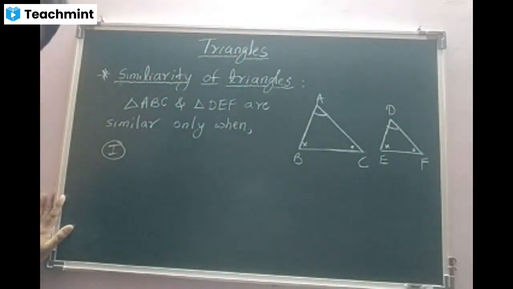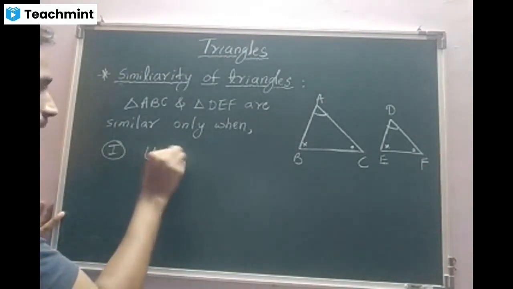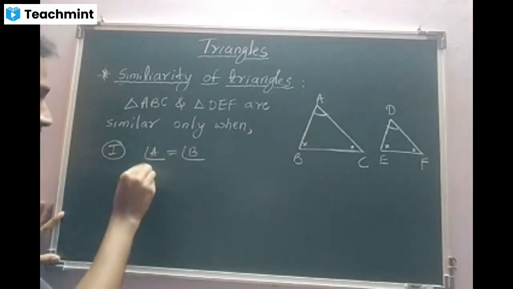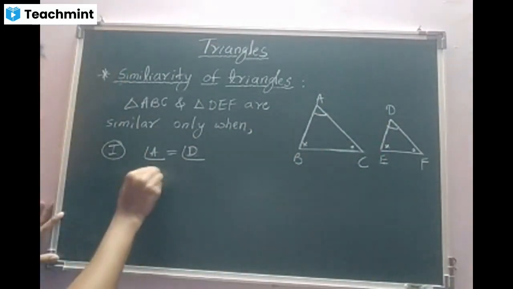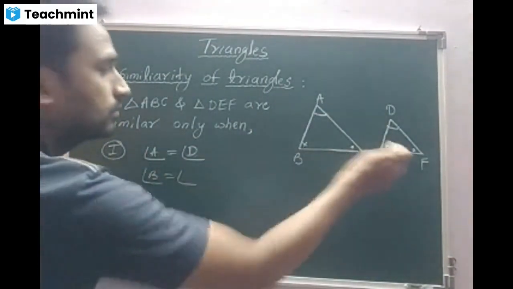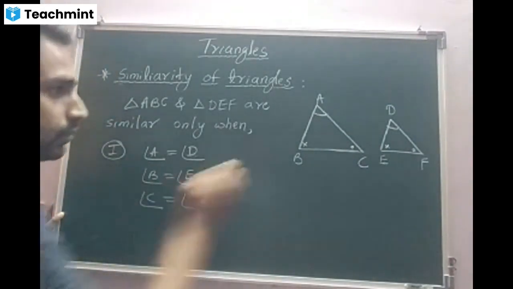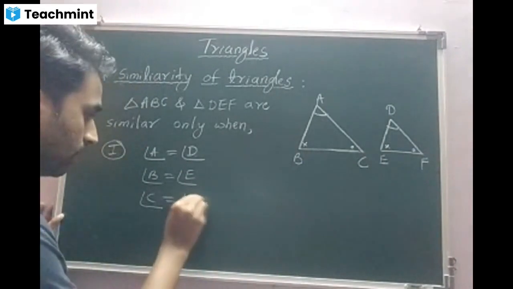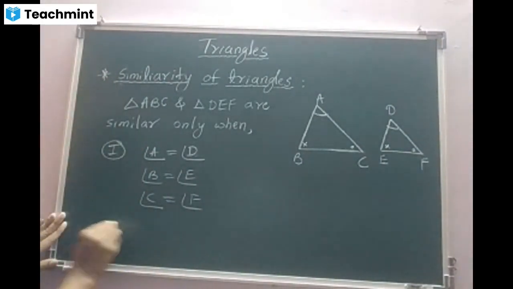Okay, let me write it down. Number one, angle A is equal to angle D. Angle B is equal to angle E, and angle C is equal to angle F. This is the first part. Am I right?